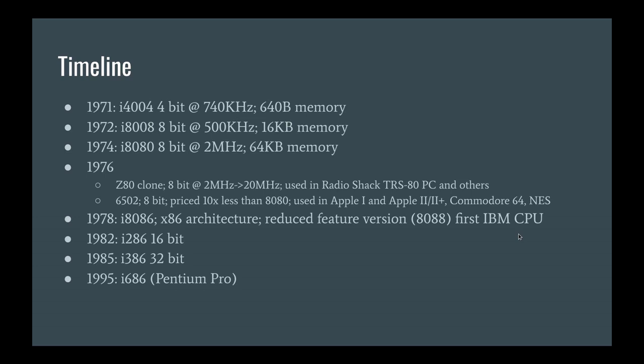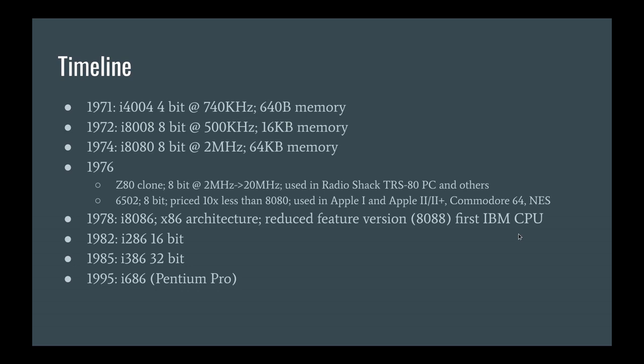Then in 1982, the 286 16-bit came out. In 1985, the 386 32-bit. This is significant because the 386 is still available in a lot of 32-bit software implementations, especially if you're running Linux. You have the choice of going with a 386 or a 686 architecture.